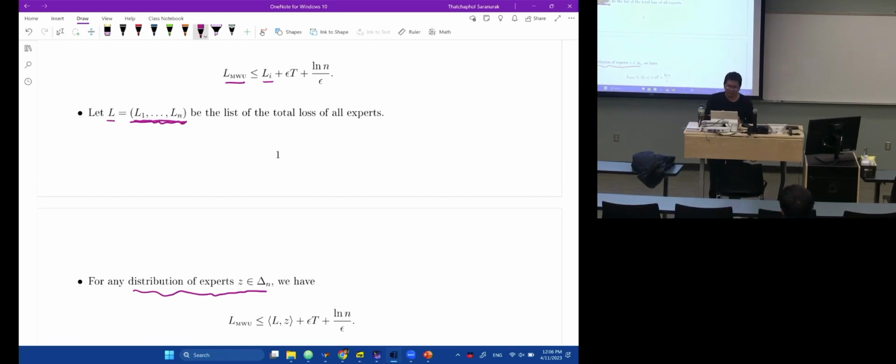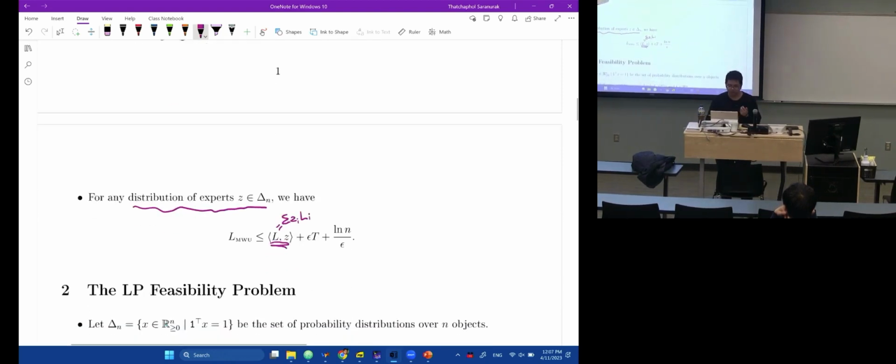So we are even less than the best expert. This is just the weighted average loss of the experts, so we would be smaller than that average loss as well. This is nothing new here. That's not a deep thing. But sometimes it's easier to look at this formulation. Okay. So that's from last time.